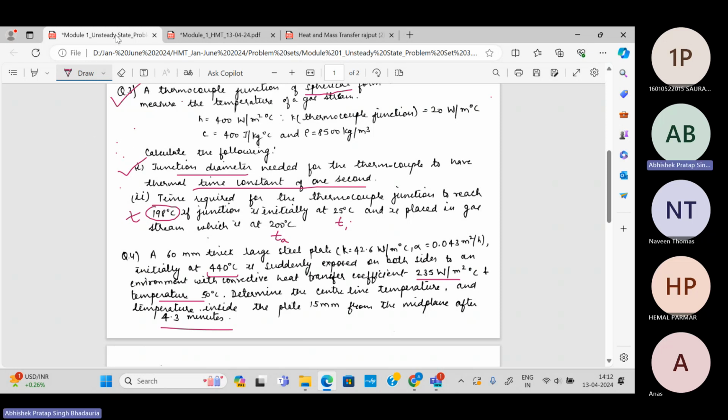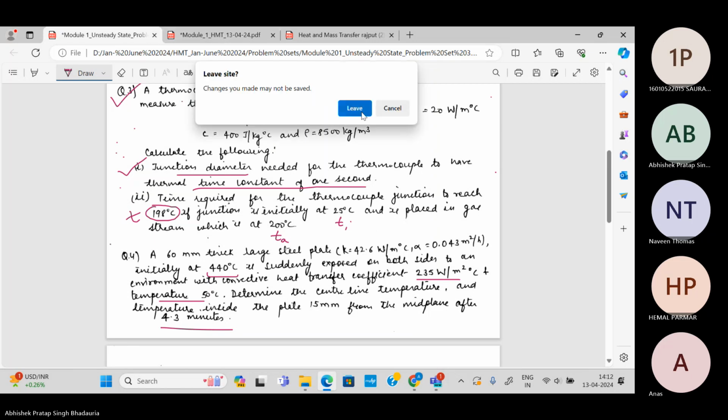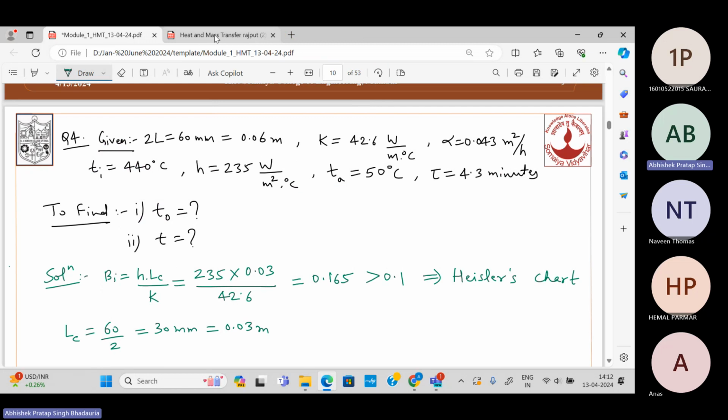Just give me a minute. How to use it, we have already discussed. Okay, so let's see. This is the Heisler chart.